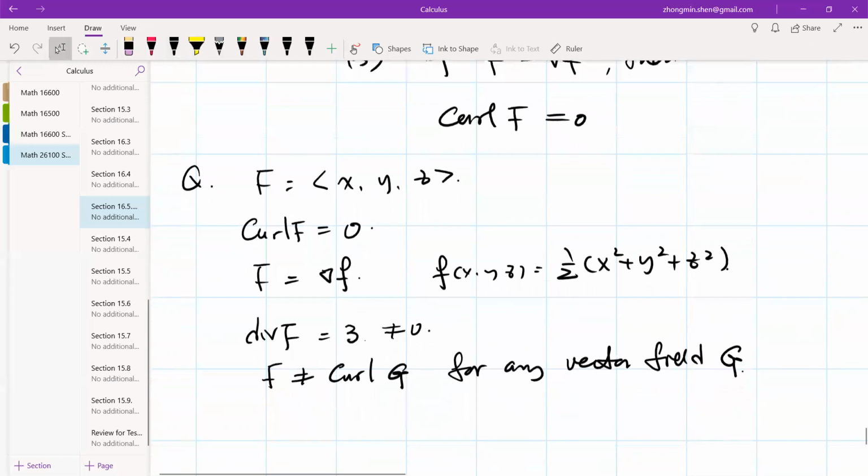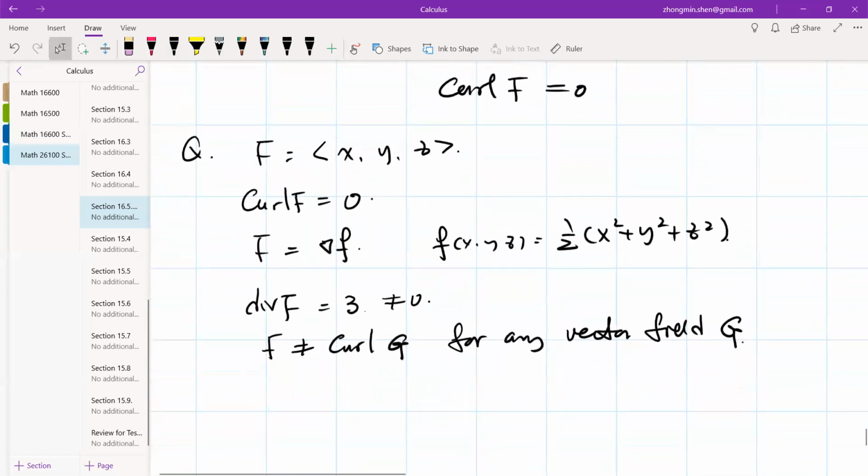But as I just showed you, it's difficult to prove F is a curl of some vector field in the case where the divergence of F is 0, okay?